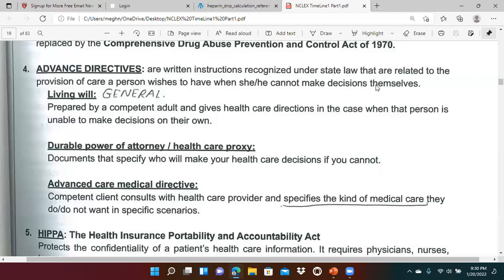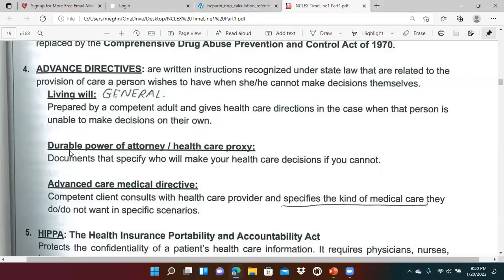So a living will is basically a written statement detailing a person's desire regarding their medical treatment in circumstances in which they are no longer able to express informed consent, especially in advance directives.